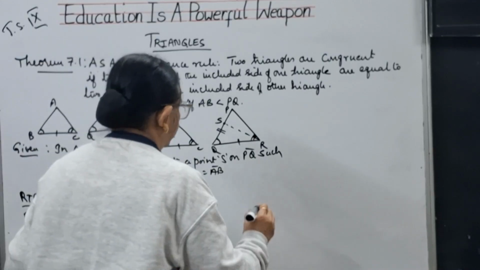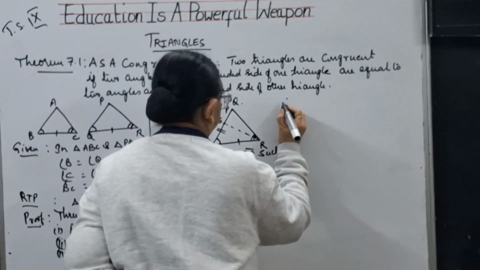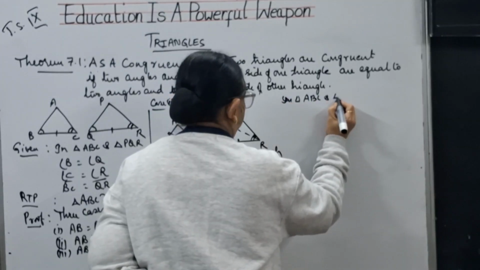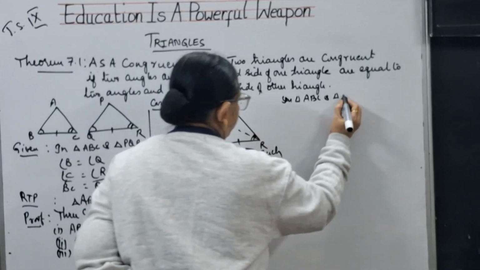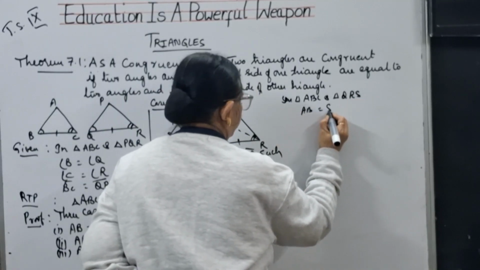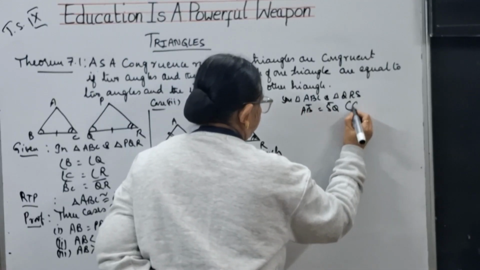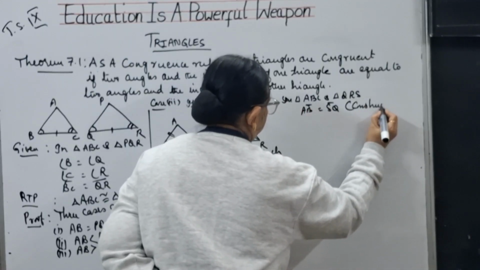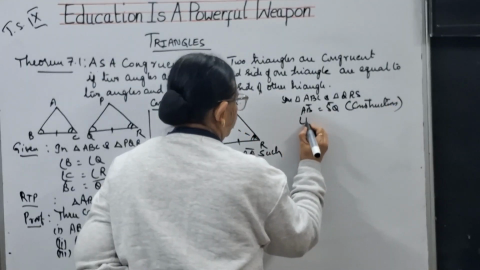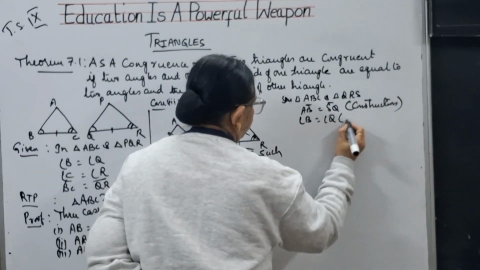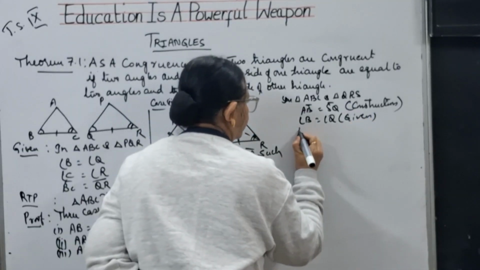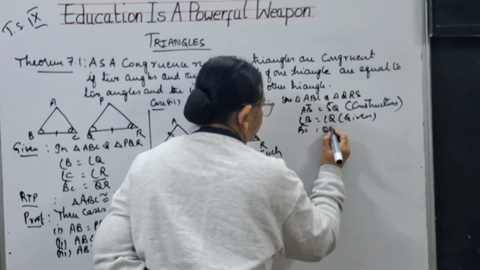What are they? I'll write it here. In triangle ABC and triangle QRS, AB is equal to SQ. This is our construction, and angle B is equal to angle Q. This is given to us, as well as BC is equal to QR.